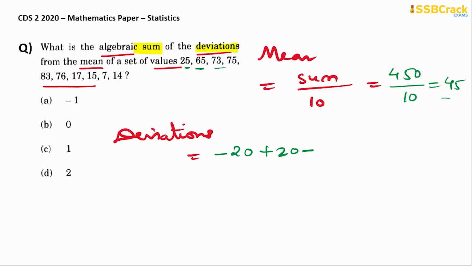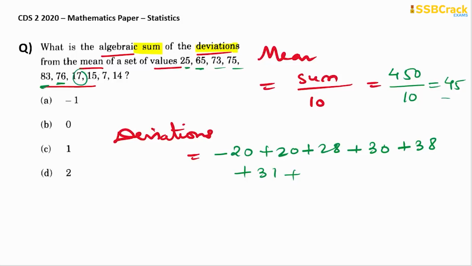Then 73 to 45, the difference is 28. Then 75 to 45, we have 30. Then 83 to 45, we have 38. And then 76 to 45, that is 31. And then 17.